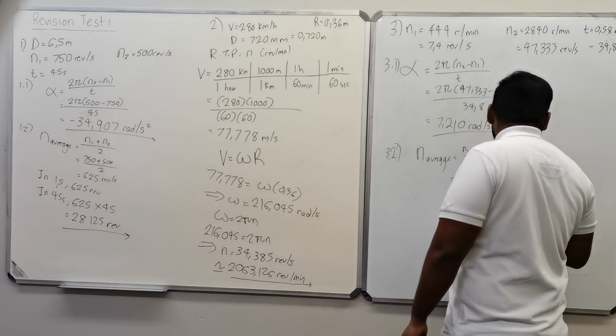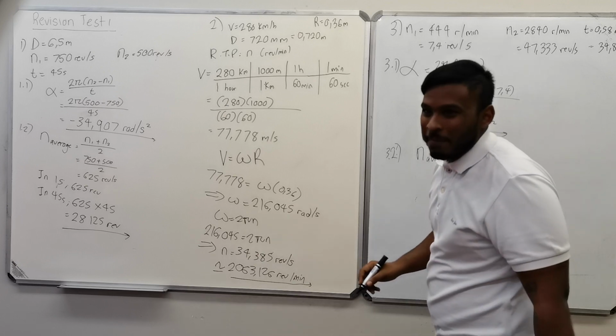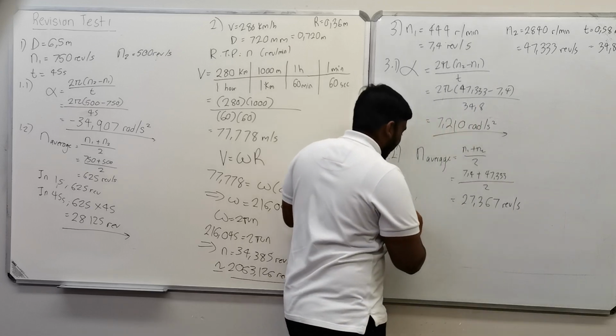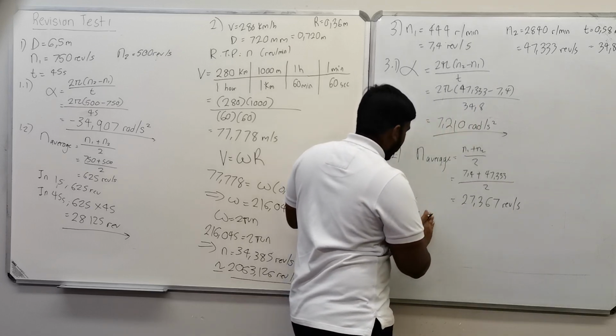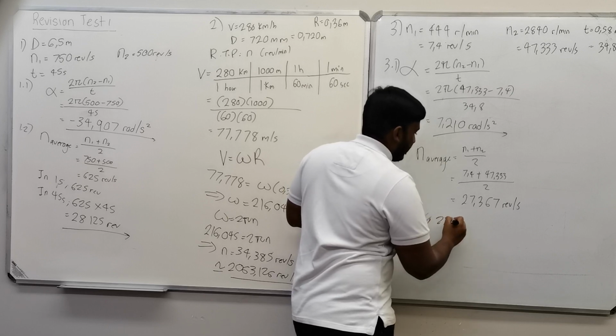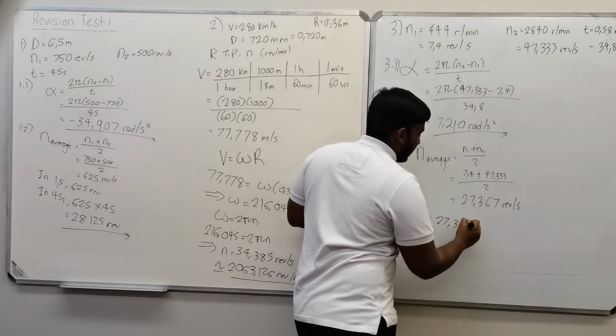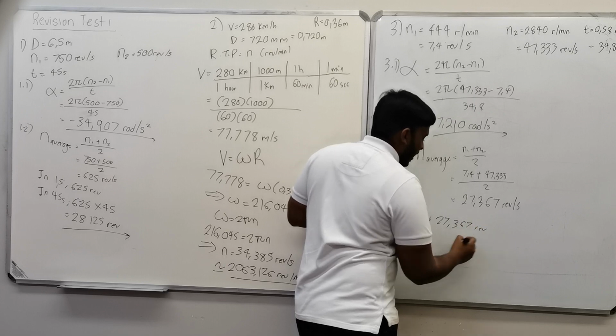Revolutions per second, right? So we know that in 1 second you get 27.367 revolutions, right?